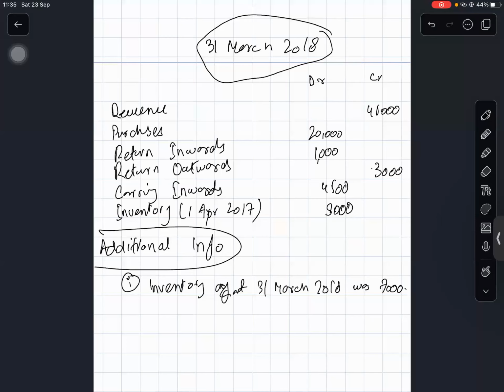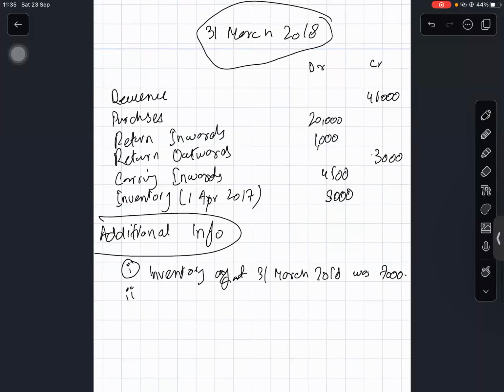And they've also told you that inventory drawings were 300. All right, so this is the example that you have. So let's try to solve this. Sir, which page is this question? This is on page 102. Okay, sir.